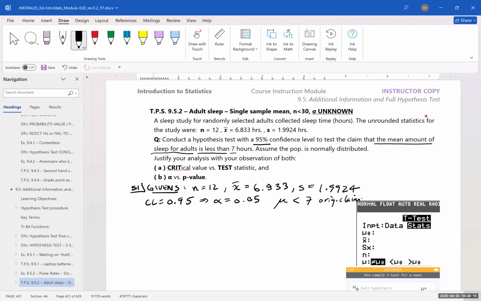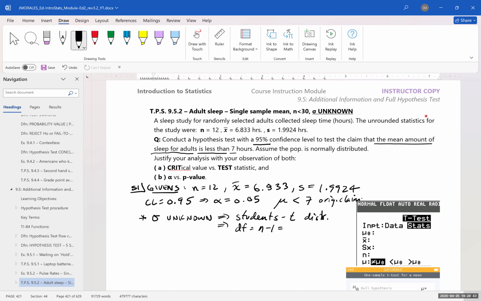What we're missing here is the population standard deviation. That's unknown, so this implies that we need to use the student's t distribution, and therefore we're going to need degrees of freedom.